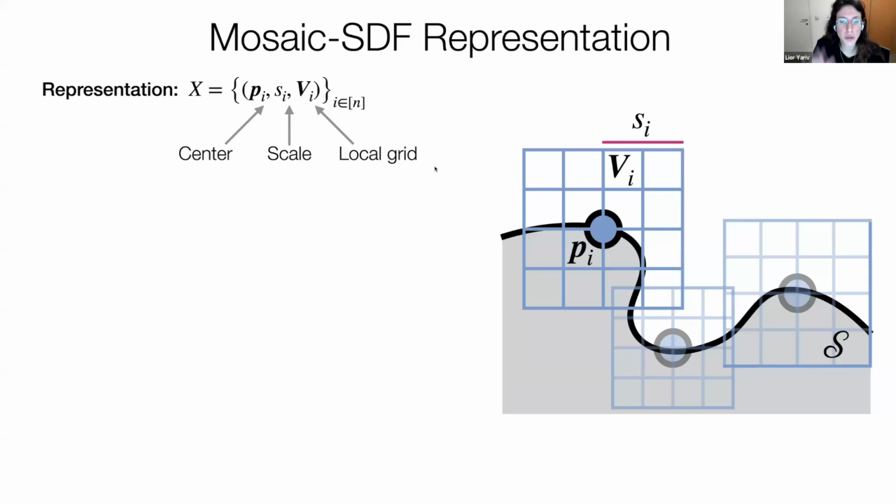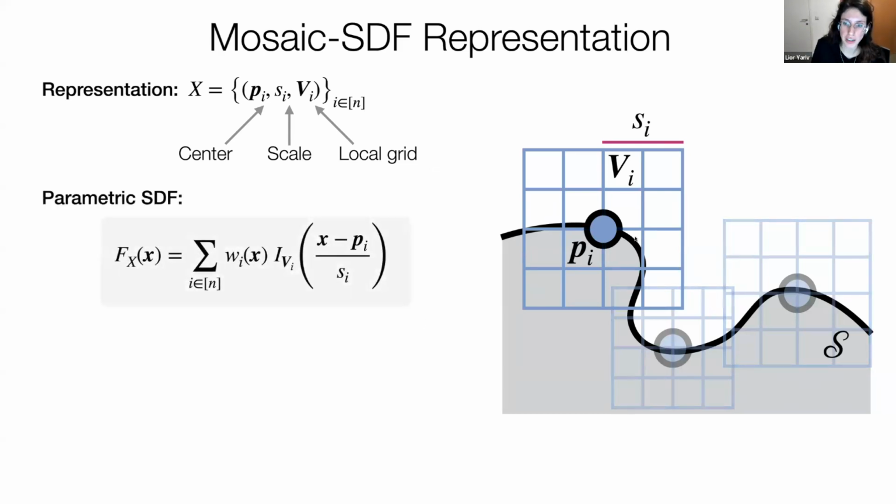And we need to define a global function. The global SDF is defined as the weighted combination of the evaluated local functions of each one of the grids. Let's go over this equation quickly.